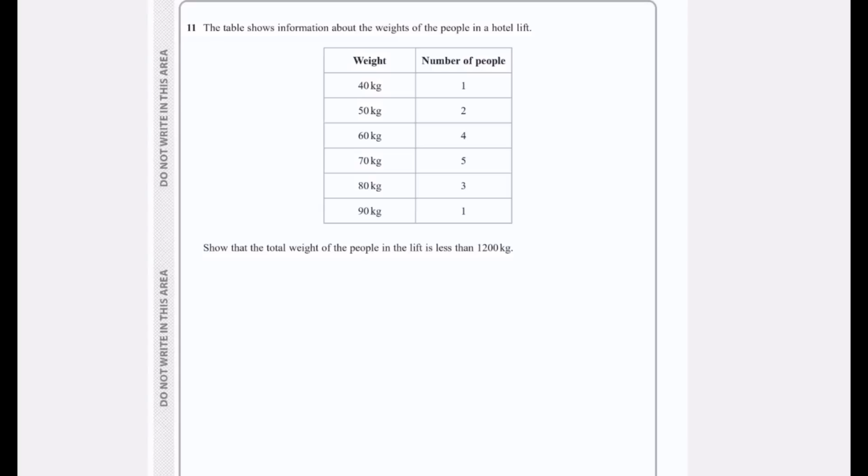The table shows information about the weights of people in a hotel lift. Show that the total weight of all the people is less than 1,200 kilograms.